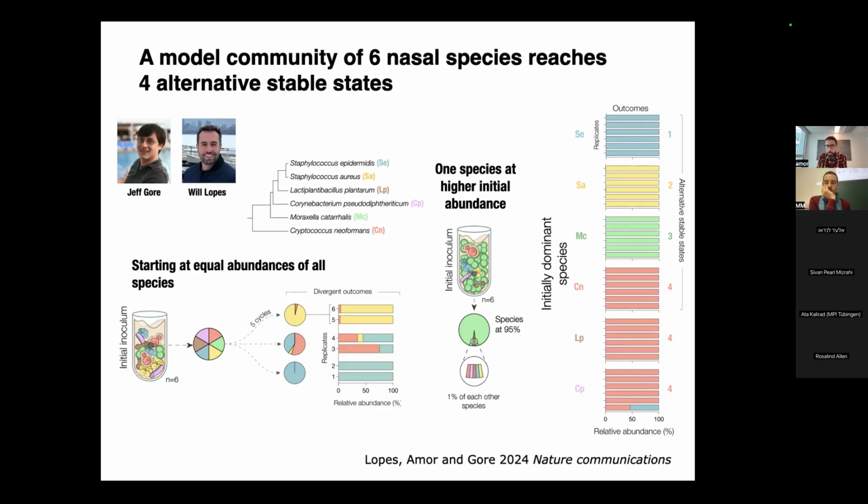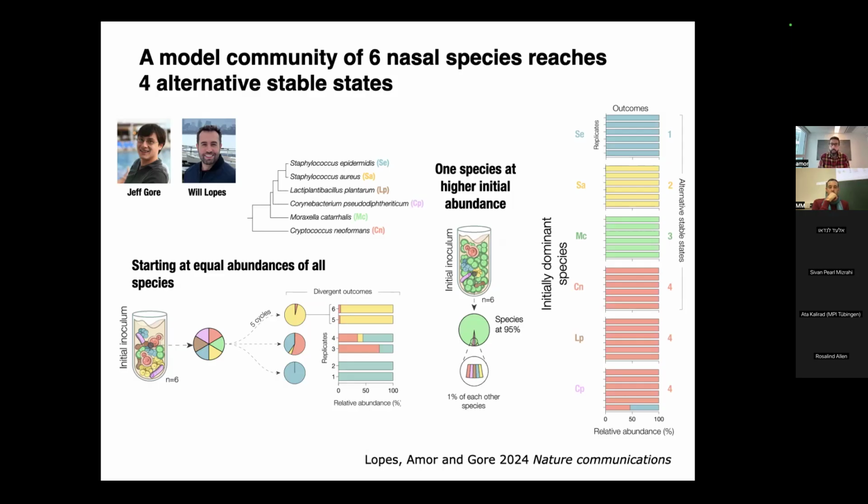Same with Moraxella in green and with Cryptococcus in red. Okay, and then we have 2 other species that seem to be losers of the competition, because even if they started at 95% of the competition, by the end they were defeated, and Cryptococcus was taking over the community.